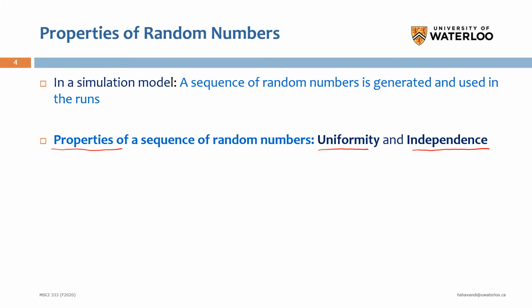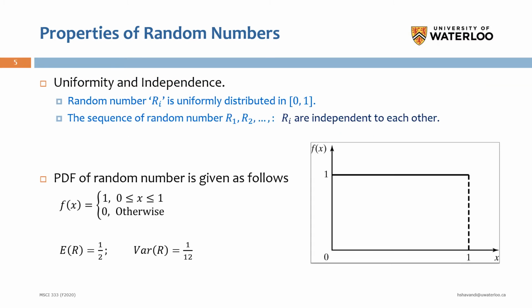So let's see what these two properties are. The uniformity property says that the random numbers generated by a random number generator method should be uniformly distributed in the range of 0 to 1. And the independence property says that if we have a sequence of random numbers R1, R2, these numbers should be independent of each other.